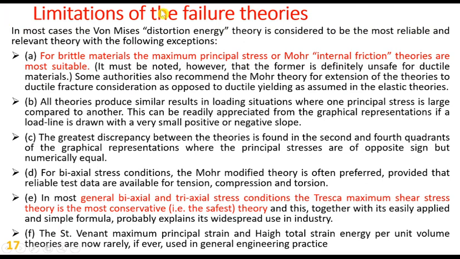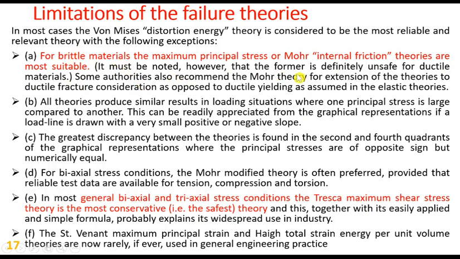Then on the limitations of the failure theories, in most cases von Mises is the best one. In most cases, the von Mises distortion energy theory is considered to be the most reliable and relevant theory, with the following exceptions. For brittle material, the maximum principal stress or Mohr internal friction theories are most suitable. Principal stress, that is theory first, or the sixth, last theory, are suitable for brittle.